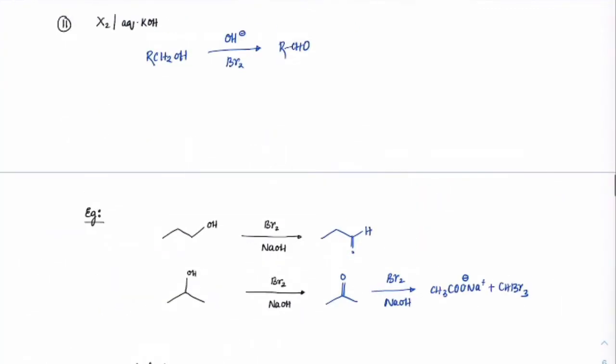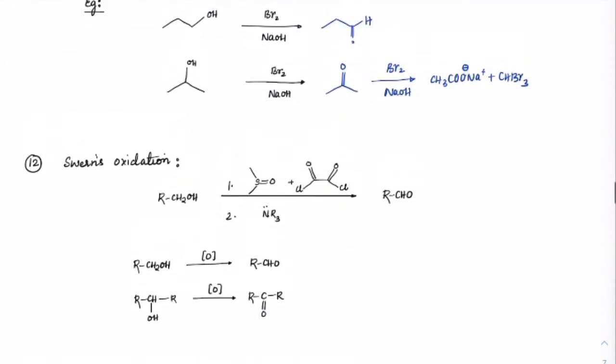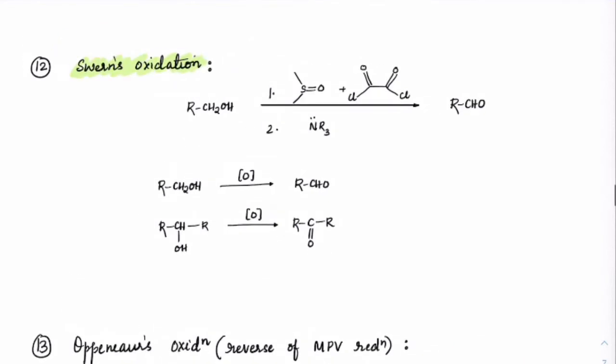Right. So this is about the reactions of alcohols, which you have already read before. Another reaction we have already learned is Swern oxidation. Swern oxidation is a very selective reaction where we take primary or secondary alcohols and convert them into aldehydes and ketones.